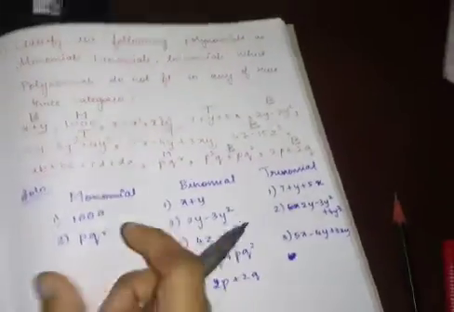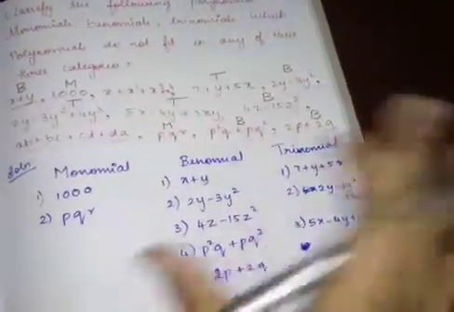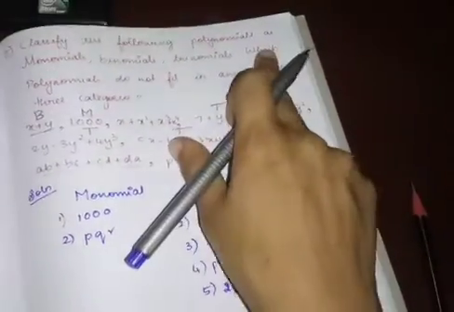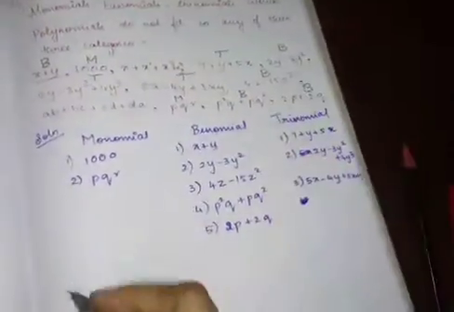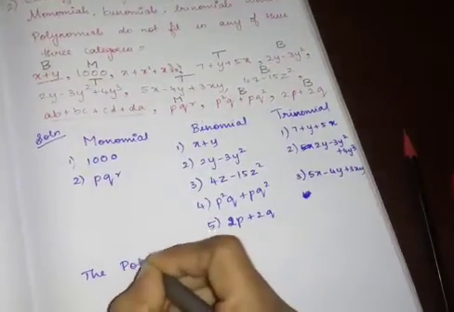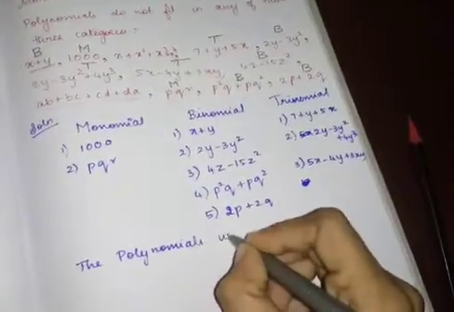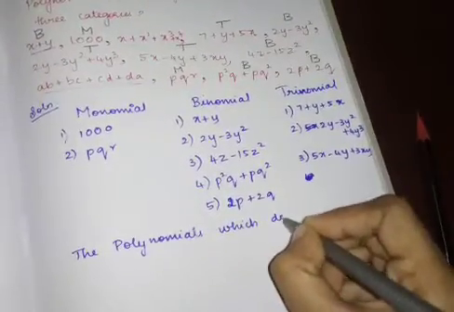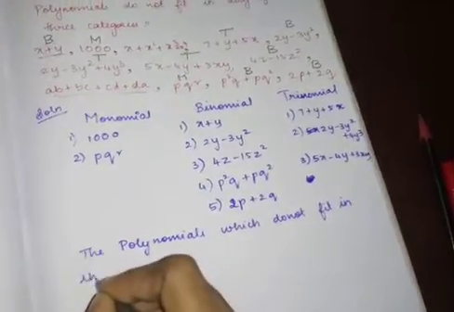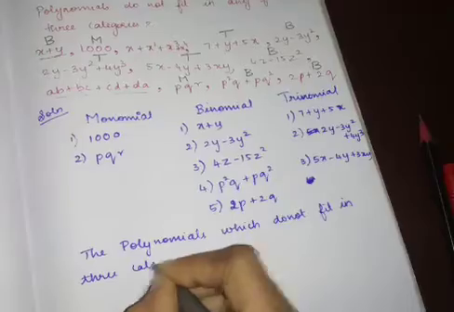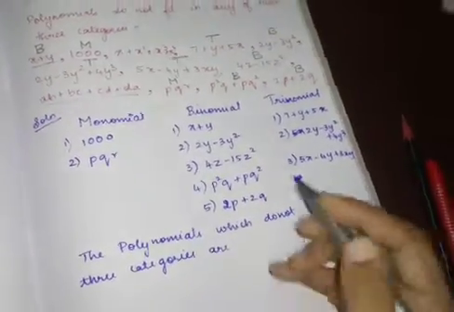So, next, first we should categorize this monomial, binomial, trinomial. Now I have categorized it. Next, what is the question? Which polynomials do not fit in any of these three categories? So the polynomials which do not fit in the three categories, what are they, children?